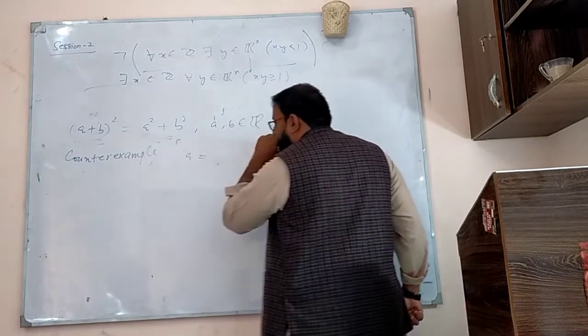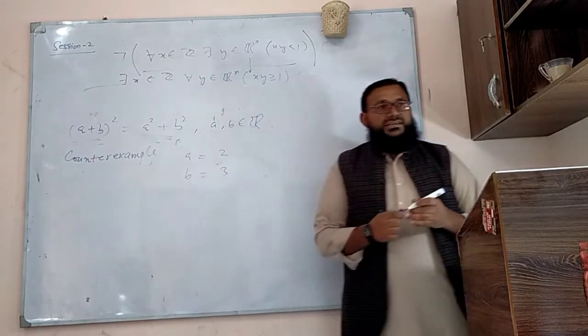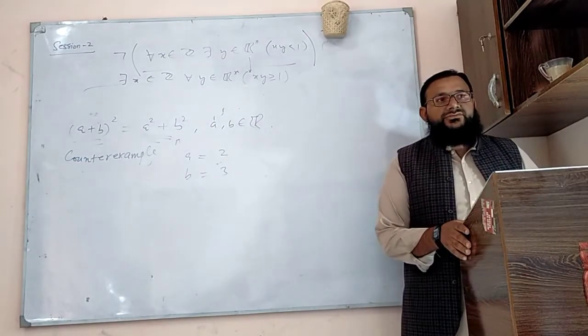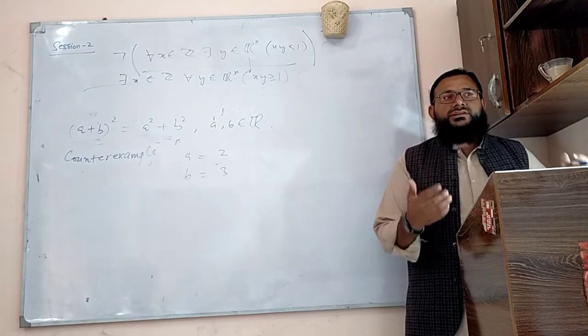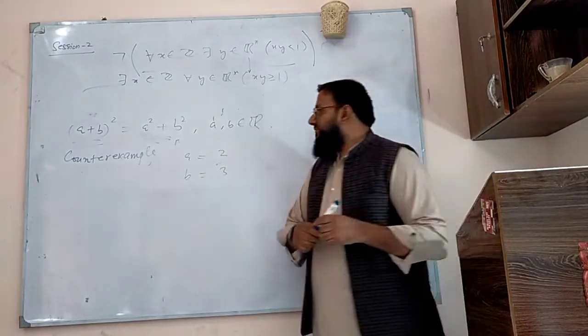You can take, let's say, A is 2 and B is 3, you put them here and you will get something like that. For these two values this is going to be false. So to disprove something, provide one counterexample that goes against that particular thing.